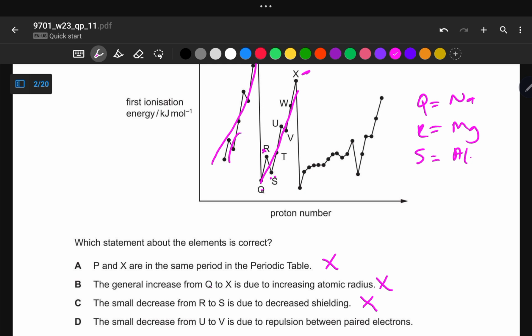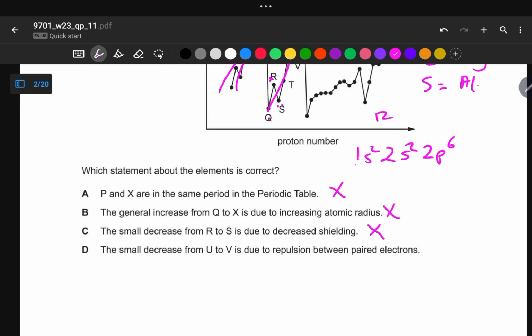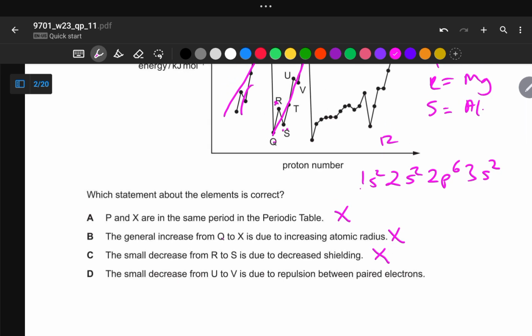The electronic configuration for magnesium, with 12 electrons, is 1s2, 2s2, 2p6, and then 3s2. That of aluminium is 1s2, 2s2, 2p6, 3s2, and then 3p1.